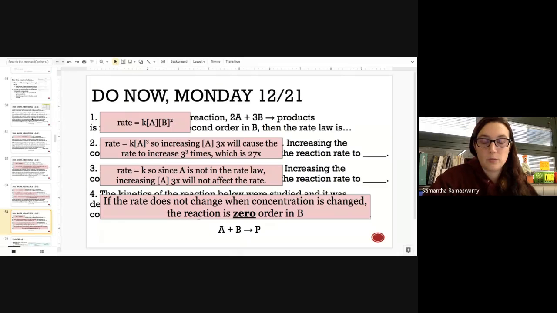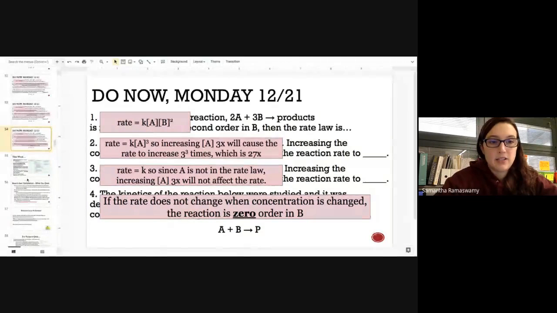All right, the red boxes have our answers. This is a lot about thinking about the orders, 0 order, first order, second order, sometimes third order, and how concentration affects the rate. Okay, so that's the do now for today.